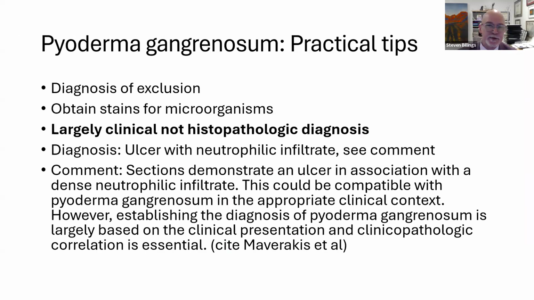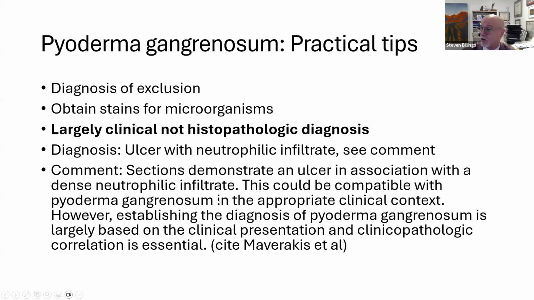So, practical tips for diagnosing pyoderma gangrenosum. Well, one, you as a pathologist cannot diagnose it. Really, the only thing that you can make as a diagnosis as a pathologist is an ulcer with a dense neutrophilic infiltrate and with a comment. And usually this is the type of comment I will put in my report: sections demonstrate an ulcer associated with a dense neutrophilic infiltrate.